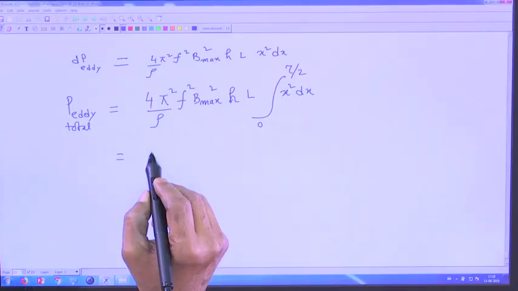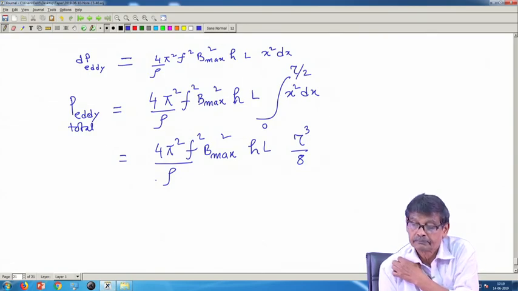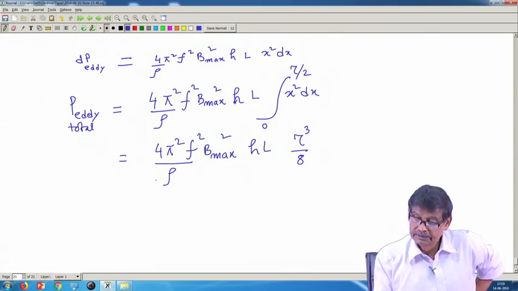So, the next step is straightforward. What you do, 4 pi square f square B max square h L x cube by 3. So, it will be tau cube by 8 minus 0, and this is by rho. Is that correct?